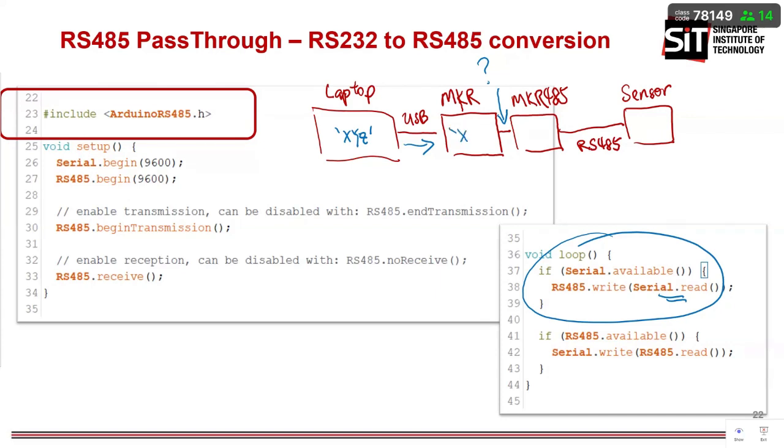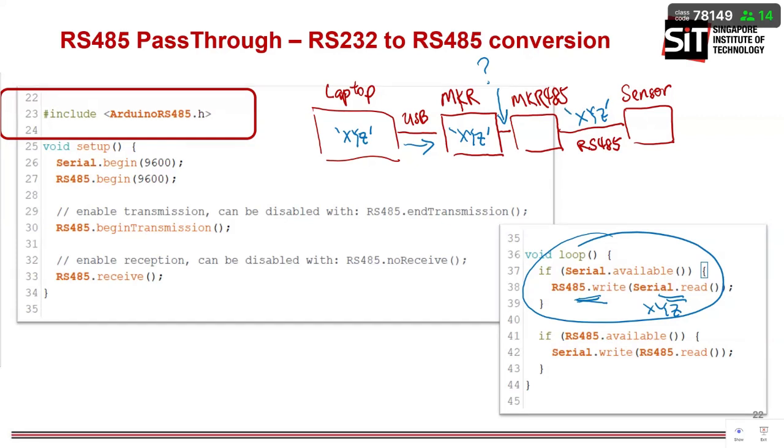So your MKR will receive XYZ. Then, when it receives XYZ, it will use the RS485 to send out to the sensor. So it will send XYZ out, and this is what is represented by the blue circle.